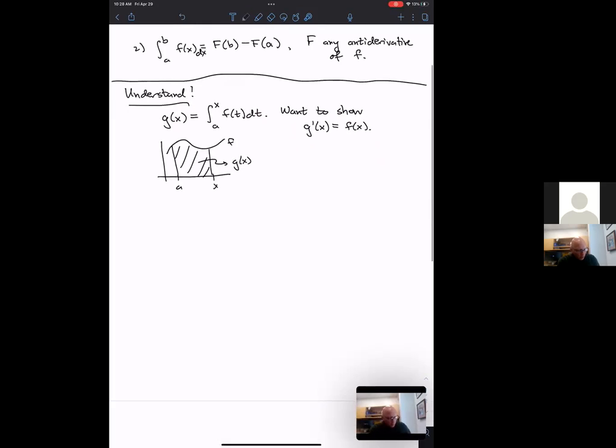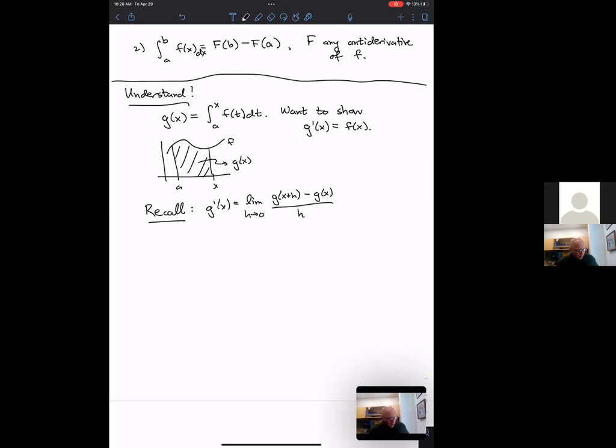Well, what I want to do is go back to the limit definition of derivative. So let's recall, g prime of x is, by definition, the limit as h approaches 0 of g of x plus h minus g of x all over h. This is for any function, right? The definition of the derivative.